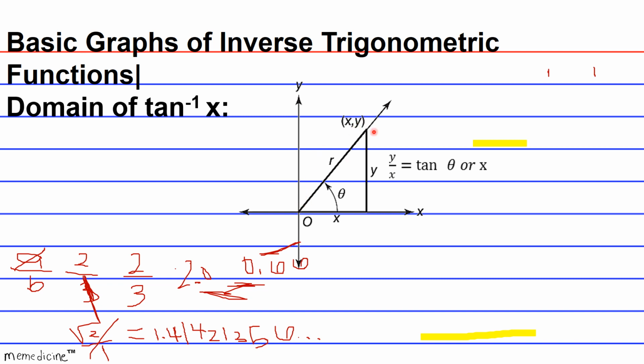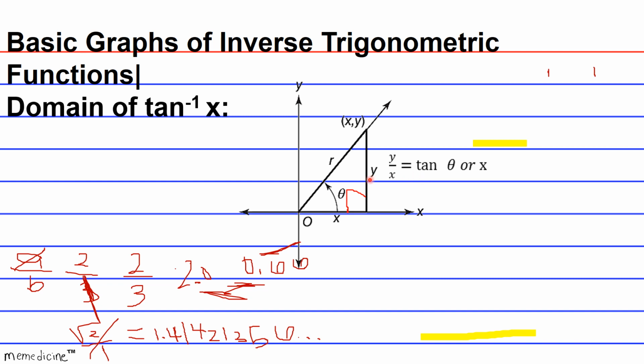And the terminal side ray, if you resolve it into its x and y coordinate, what you have is the formation of a right triangle. All right? And this is what we use to teach the concept of the basic trigonometric functions.